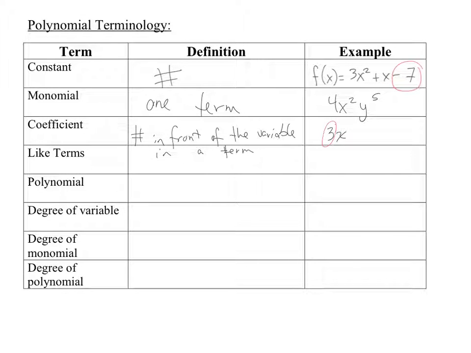So if we had 7xy to the fifth plus 8xy to the fifth, I can combine those, and that would be 15xy to the fifth. So again, like terms are two terms with the exact same variable component.